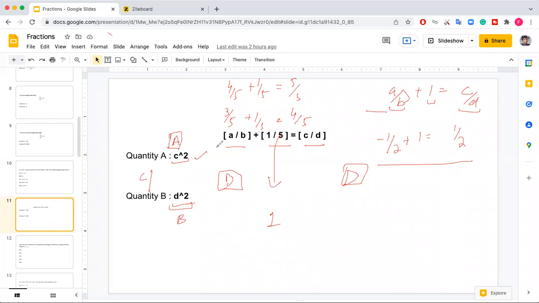Most of the time, the mistake is made based on the nature of the number, the nature of the variable, right? Shall I proceed further now? Okay.